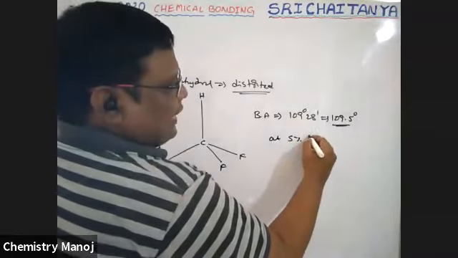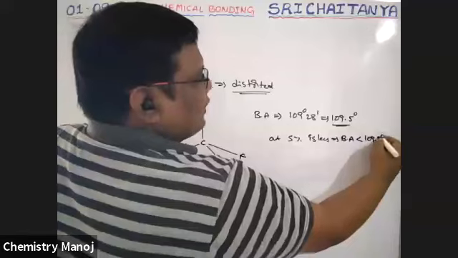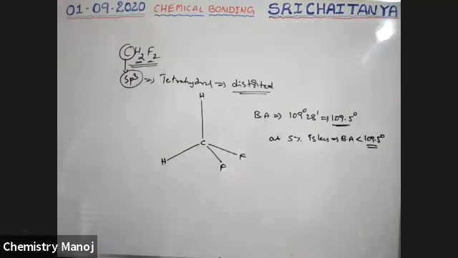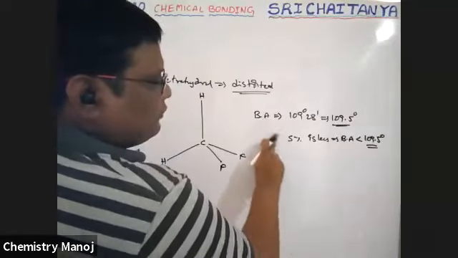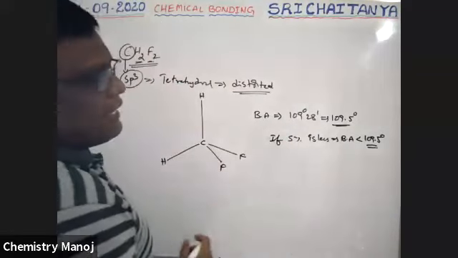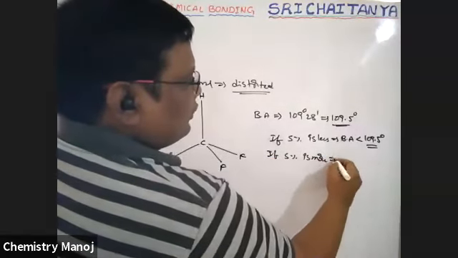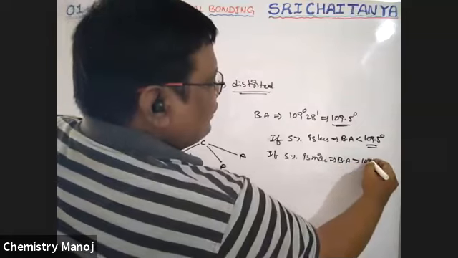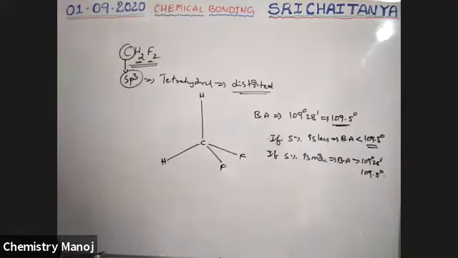As S percentage is less, bond angle is also less than 109.5 degrees. If S percentage is more, that means bond angle is greater than 109 degrees 28 minutes, nothing but 109.5 degrees.